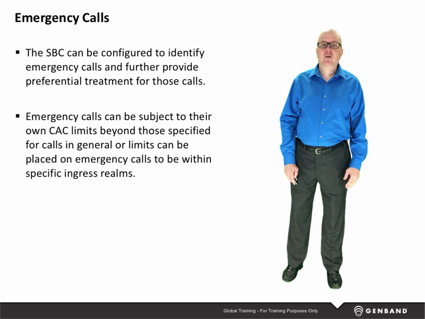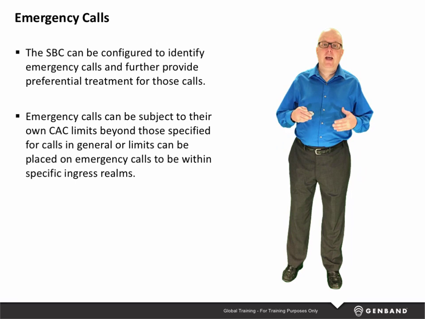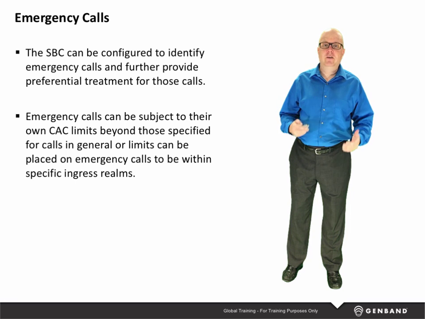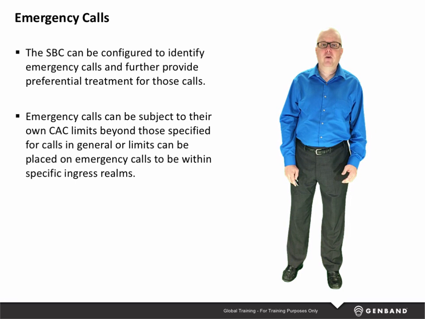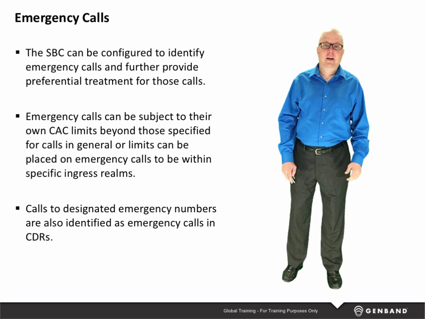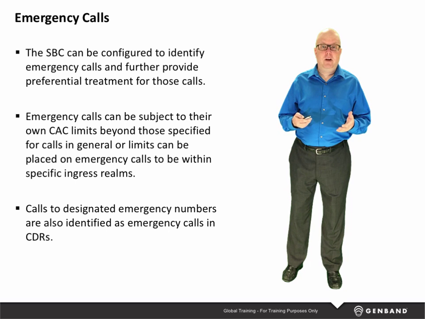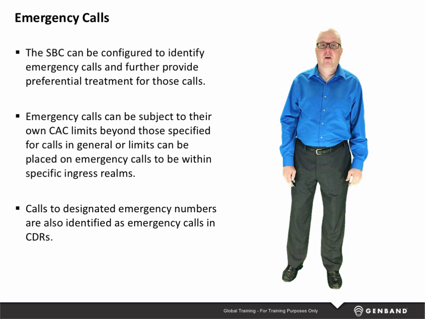If you have provisioned your emergency numbers into the session border controller, the SBC would say, oh, they're limited to 20, but this is a 21st call. But guess what? It's an emergency call. I'm going to allow that to go through as a 21st call. When somebody else hung up, that would become our 20th call in the system. And of course, those calls also embed into the call detail records.